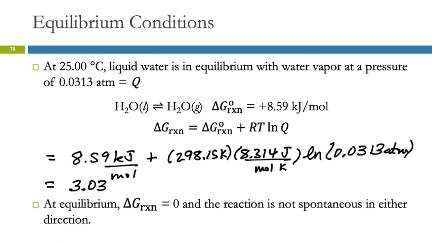But that would actually be in joules per mole. So in terms of 8.59 kilojoules, 3 joules is nothing, right? It's just a product of rounding issues.